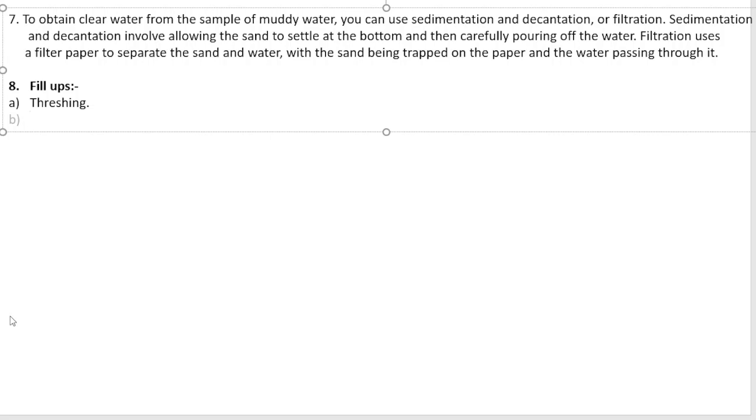This process of separating cream from milk is an example of. ठीक है, अब इस सेपरेशन को क्या एग्जाम्पल देंगे हम? That is filtration.